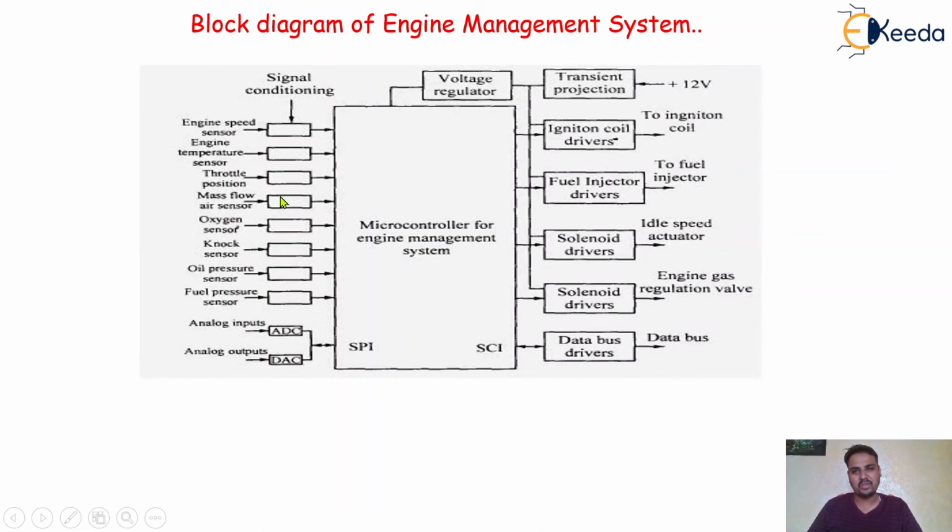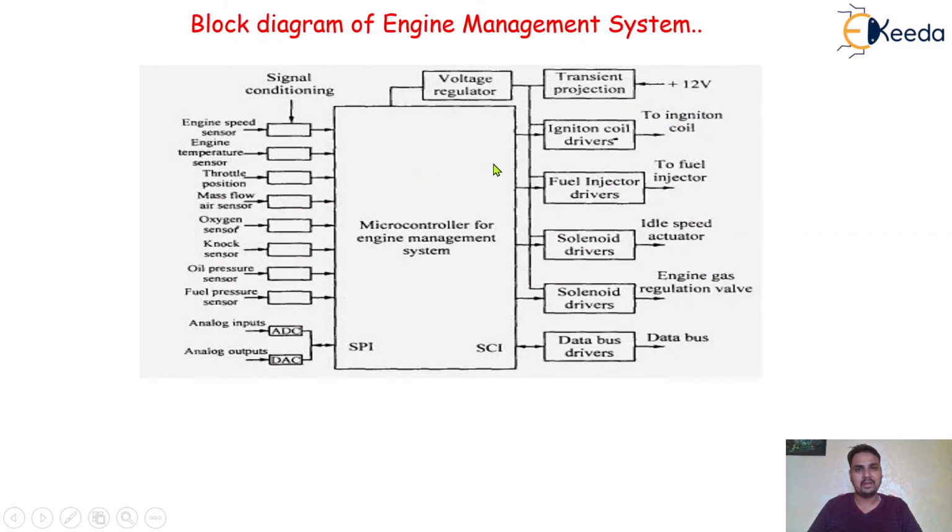There are many, I am just giving some examples. These are the sensors which are generally used for signal conditioning. Okay, it takes the input from where it is located, and as per its work, suppose the speed sensor senses the speed of the engine, it will give the input to this particular microcontroller for engine management system.